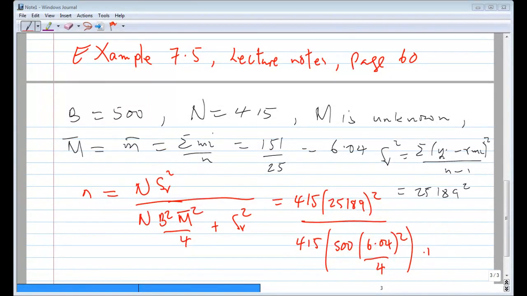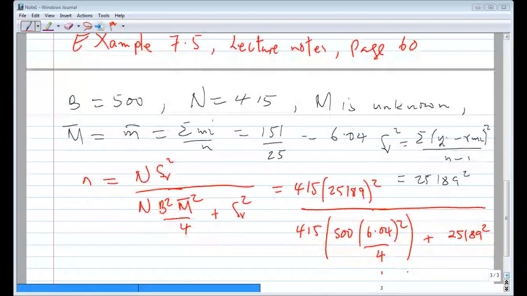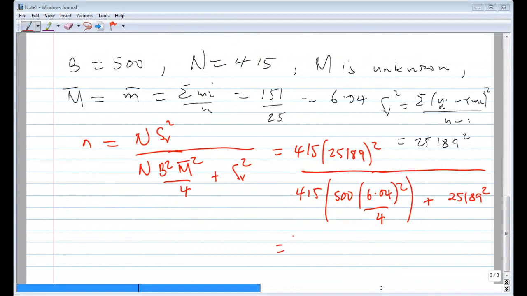Then you add what? 25189 squared. Oh, bound is squared as well. I think everything is correct there. Please check. And then please give me the final answer there.